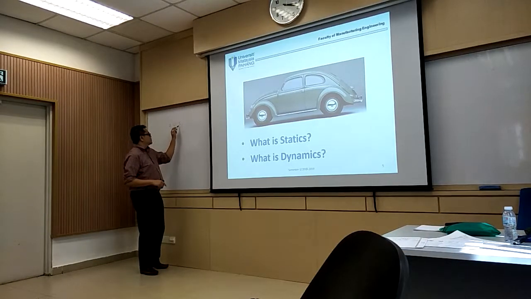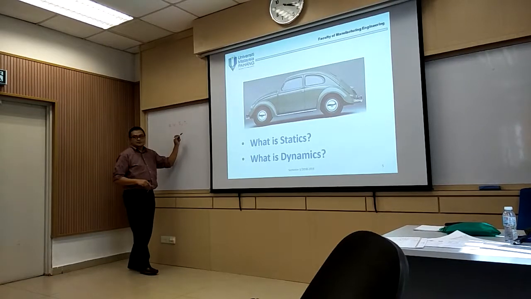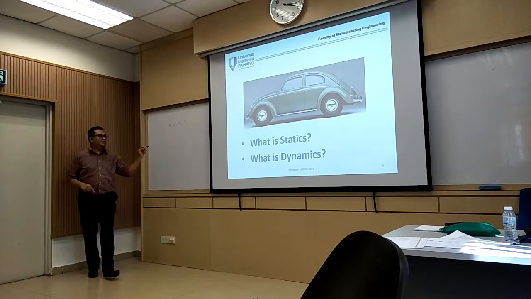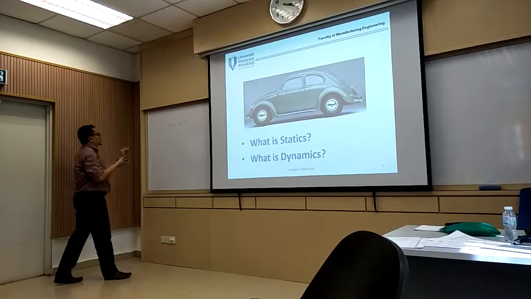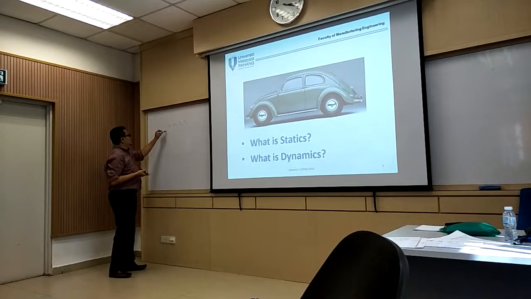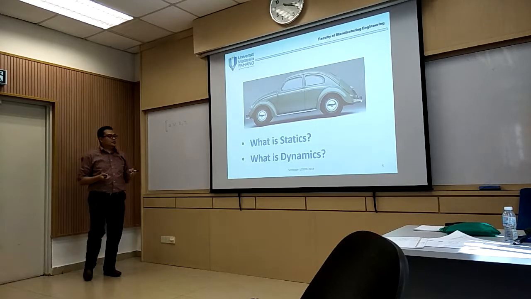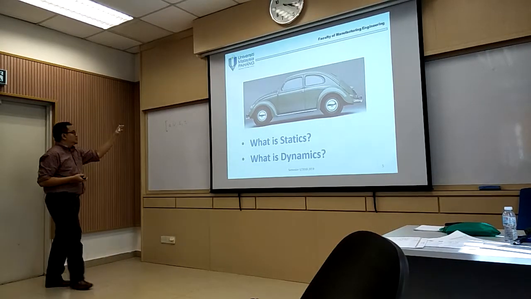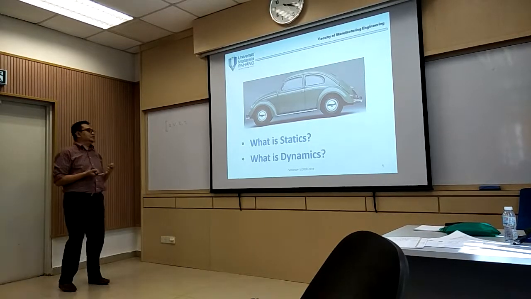We can relate the distance and time, right? Correct. So this is basically what we call kinematics. This is the part of the dynamics that we are going to study.